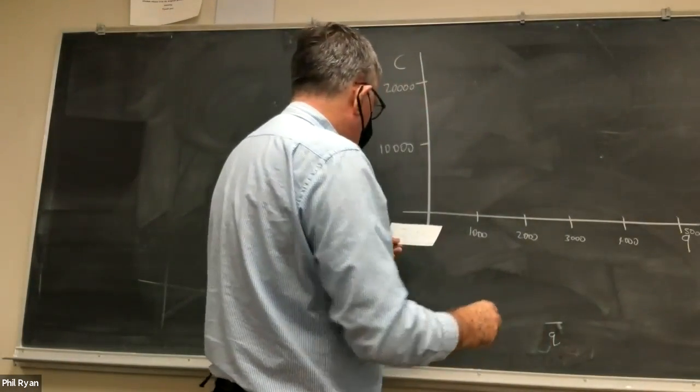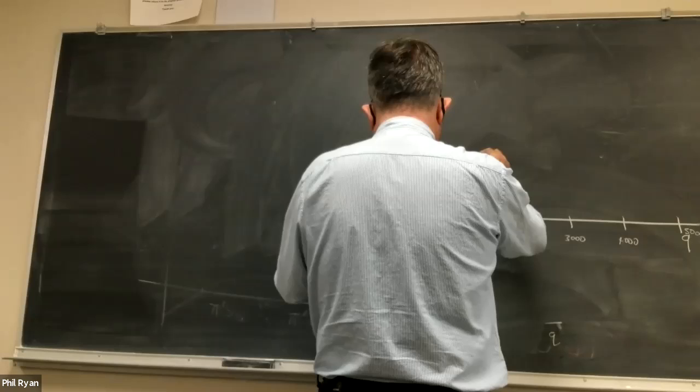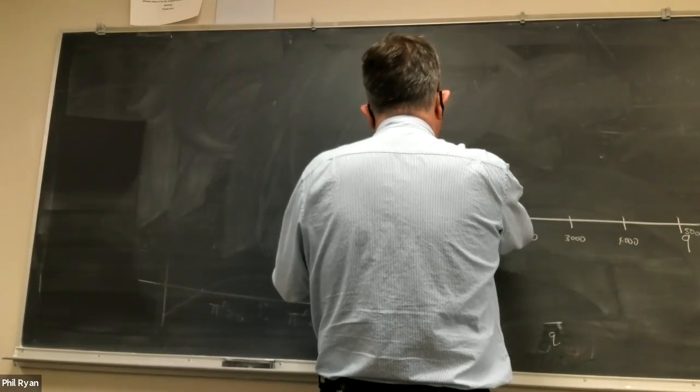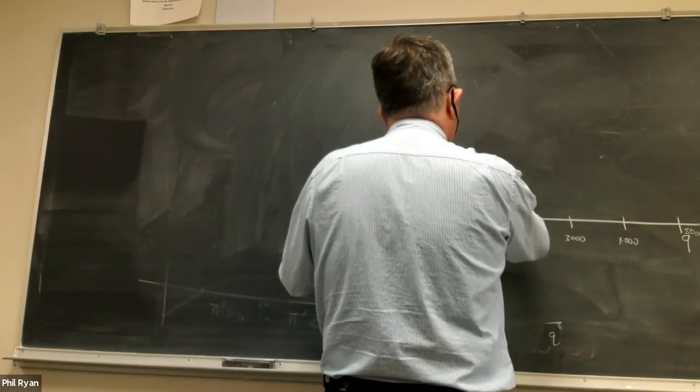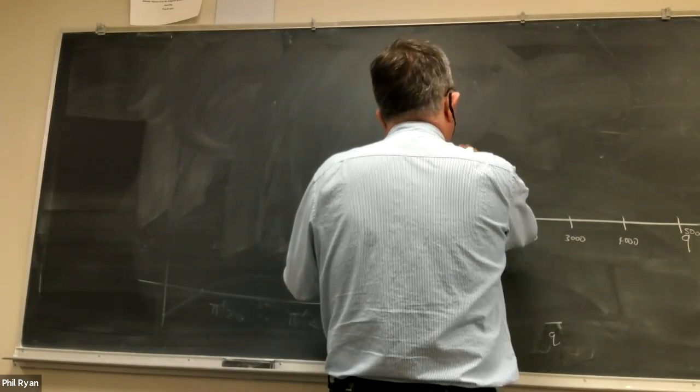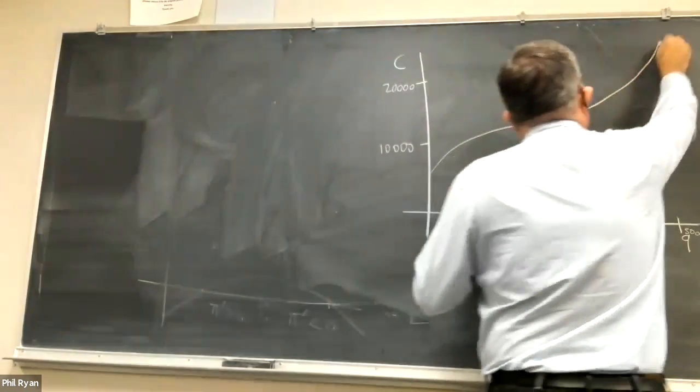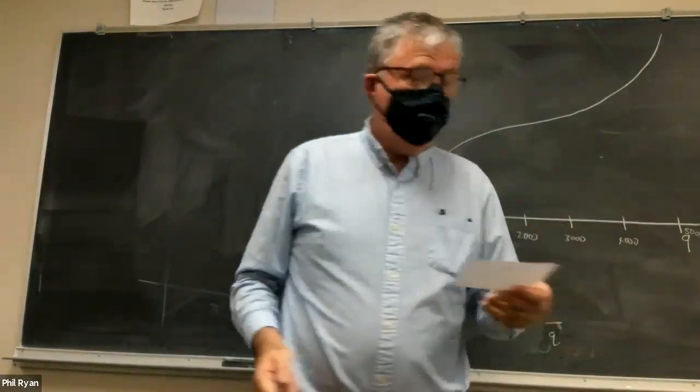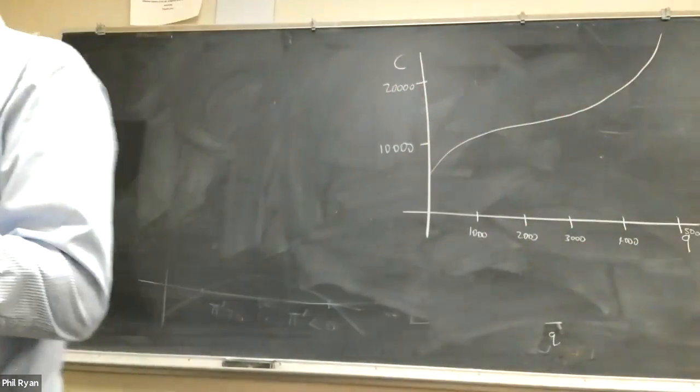And our costs might look something like this. Okay, so that's a typical kind of cost curve.